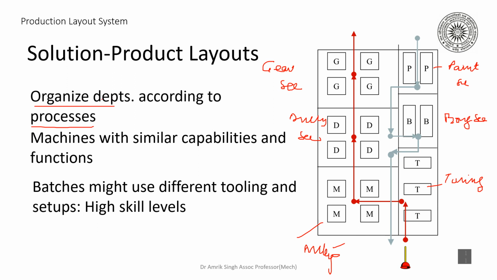So the machines have similar capabilities and functions. Batches might use different tooling and setups, and high skill levels are required. So this way we go for this type of layout.